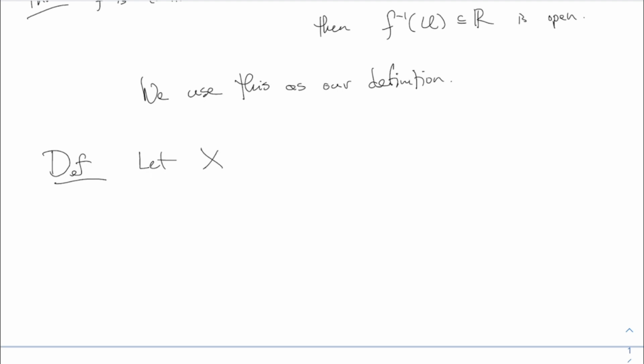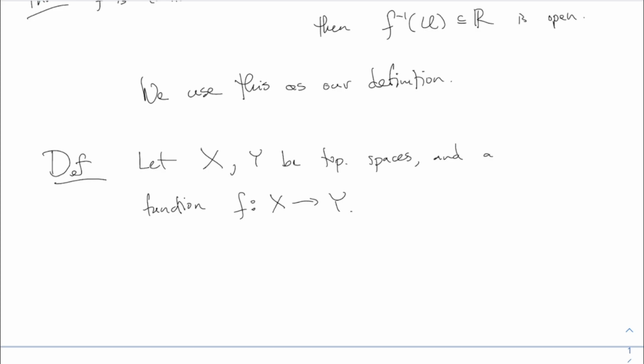Let X and Y be topological spaces, and a function F going X to Y. Neither one of them has to be R. They can be two different topological spaces, and you have a function like this.